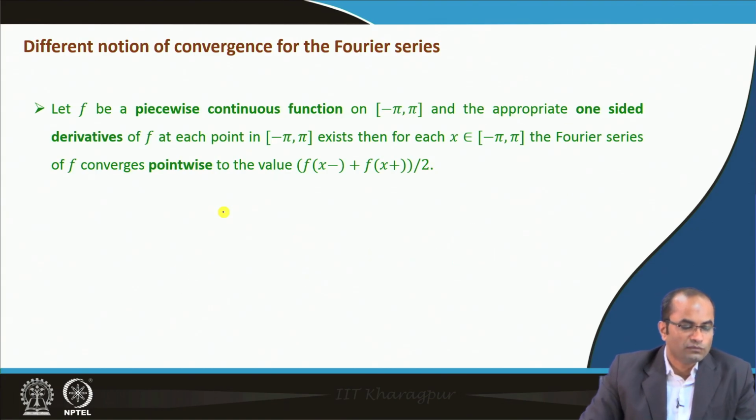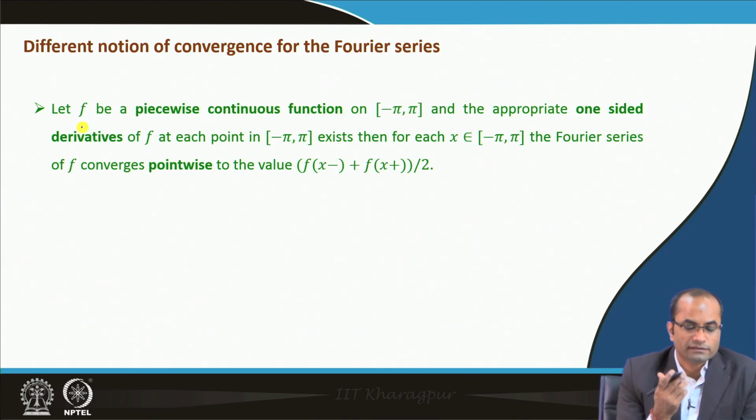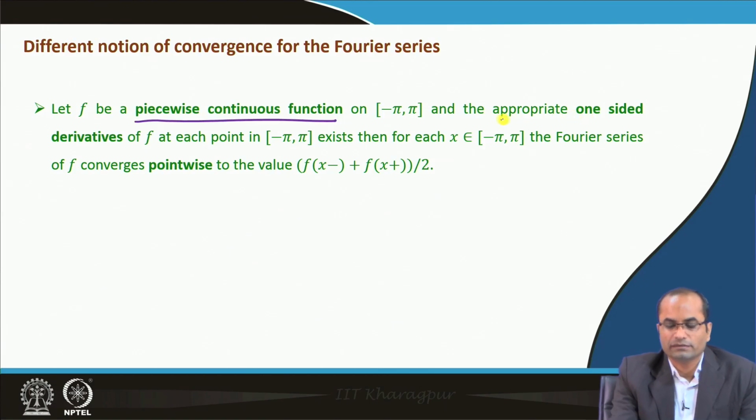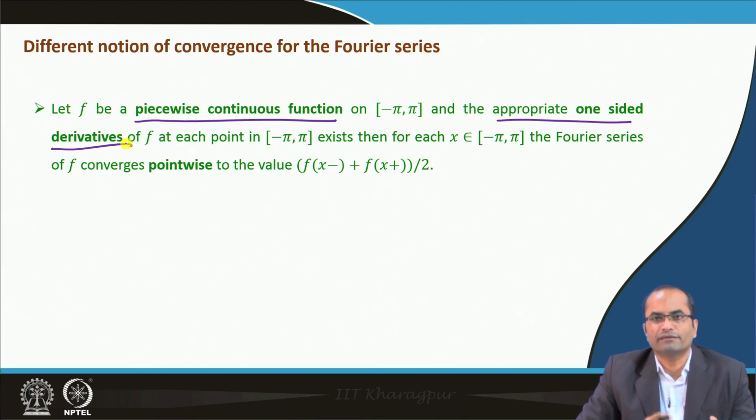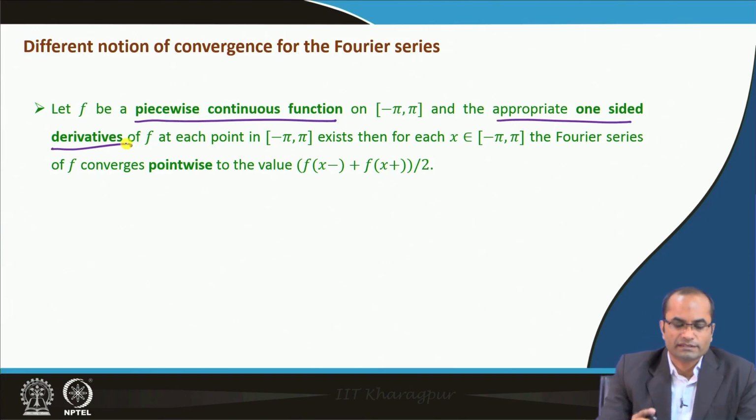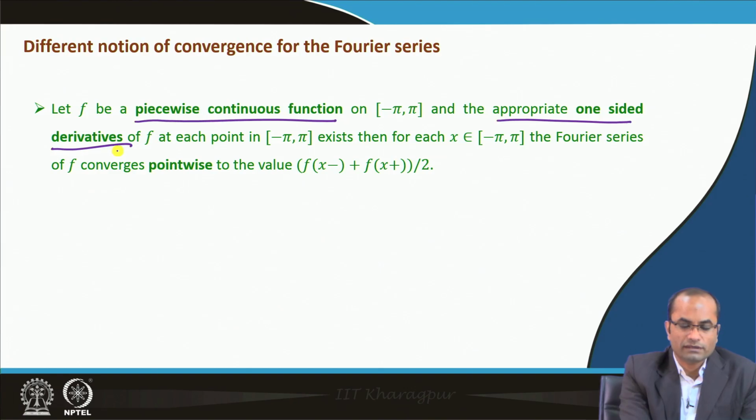The second one is exactly the Dirichlet theorem, which says that if the function is piecewise continuous and the appropriate one-sided derivatives exist, appropriate meaning those left and right derivatives we have already discussed before, at each point in this interval.